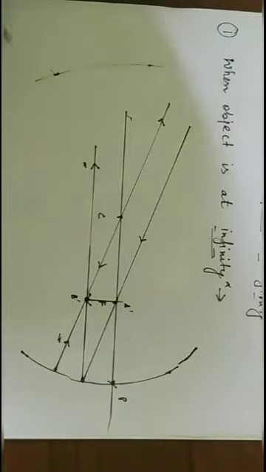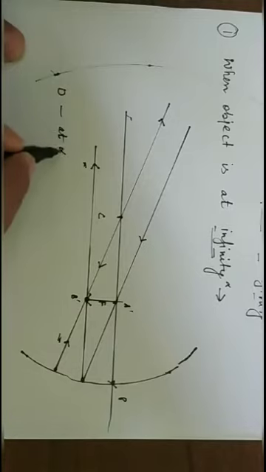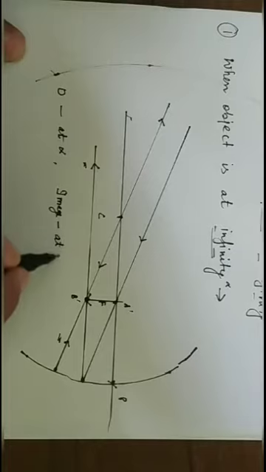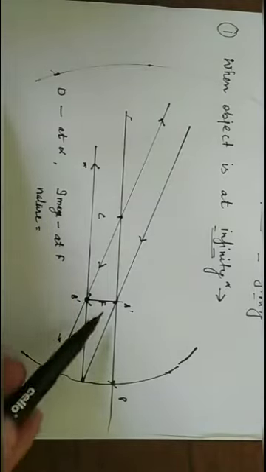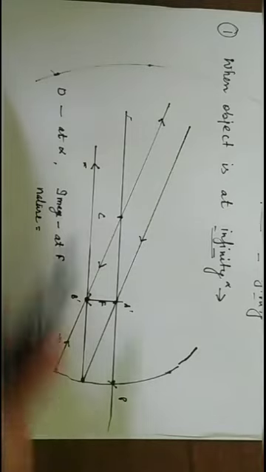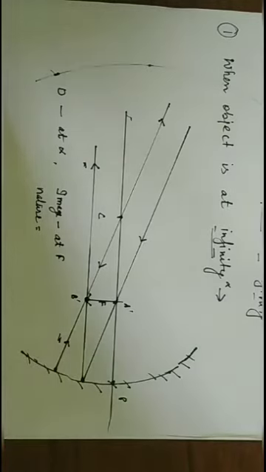So what do you conclude from here? When your object is at infinity, your image is at focus. Now what is its nature? From here you can see that the rays are actually meeting after reflection, so that is why its nature is real, and all real images are inverted, so it is real and inverted.